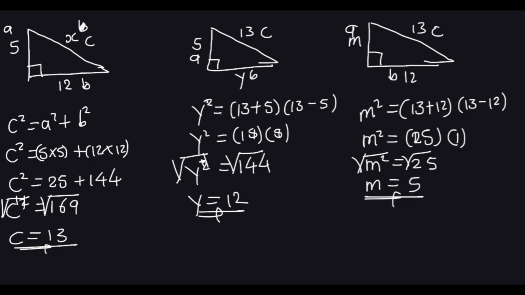Now, away from this, let's say we have another right angled triangle. For this right angled triangle, we have the distance of 10 centimeters. Then here we have 8 centimeters.